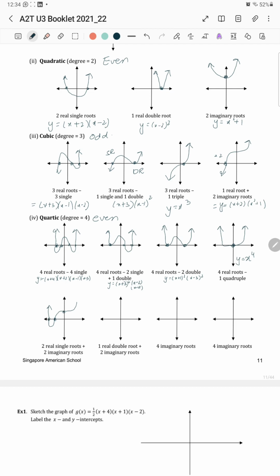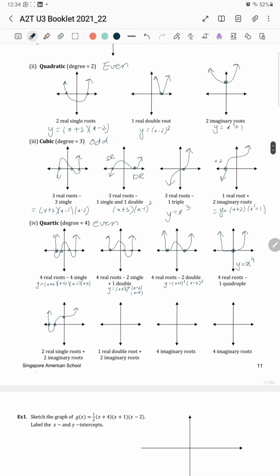These are two real, one real double root, two imaginary single roots. Four imaginary roots.